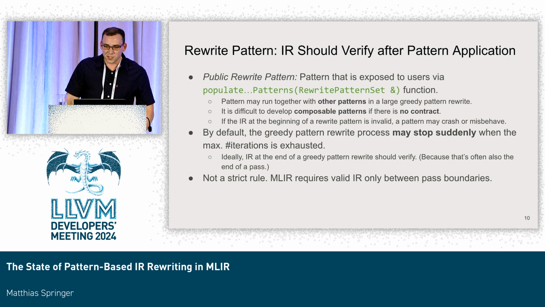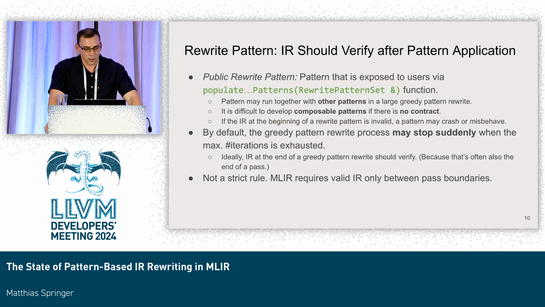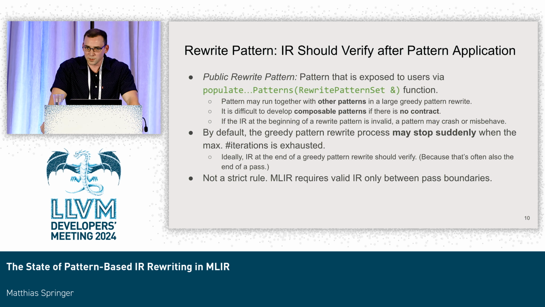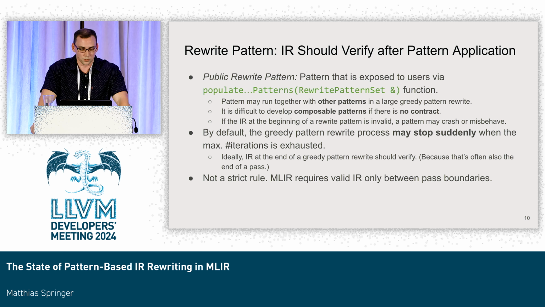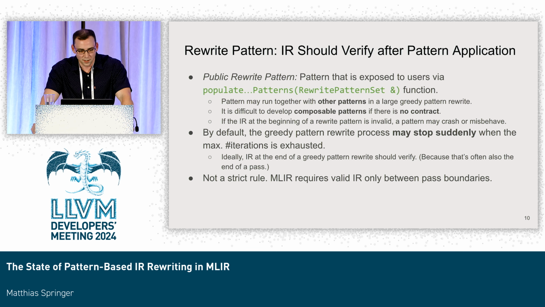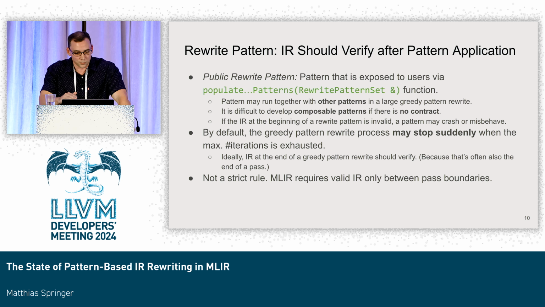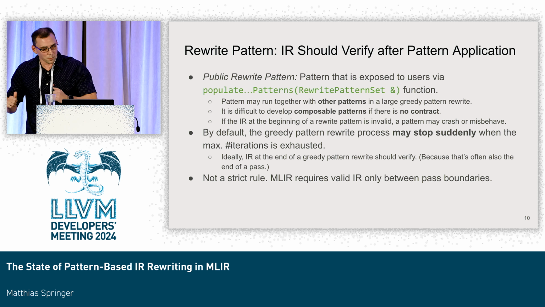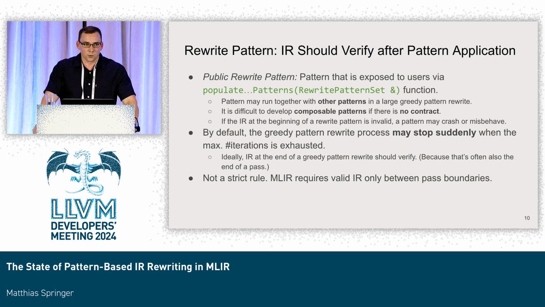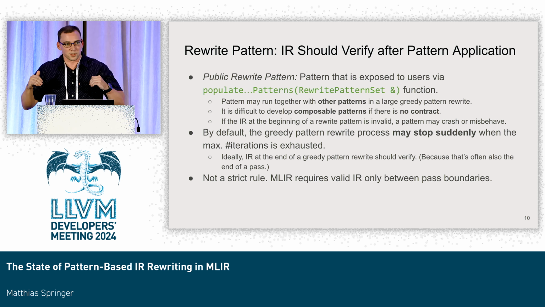Here's another best practice for rewrite patterns. The IR should verify after pattern application. This is not a strict MLIR rule, so MLIR only requires you to have valid IR after every pass. But in practice, this is very useful, especially if you have public rewrite patterns, meaning patterns that are exposed via these populate-something-patterns functions, because here you really don't know which patterns are running together with your pattern.